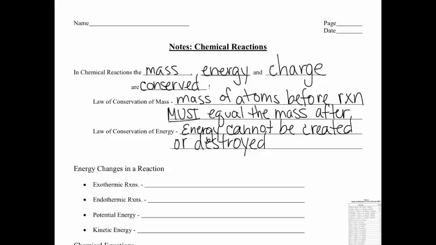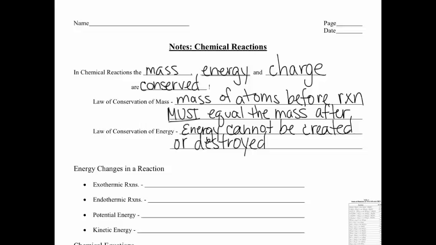It must be conserved in a reaction. We're not going to address that in this unit, but I wanted to bring it up now because very often on your Regents exam, you're going to see a question that asks what must be conserved in a reaction. And you get the choice mass only, mass and energy only, mass, energy, and charge. And it's all three always are conserved, although we won't discuss charge until we get into oxidation and reduction.